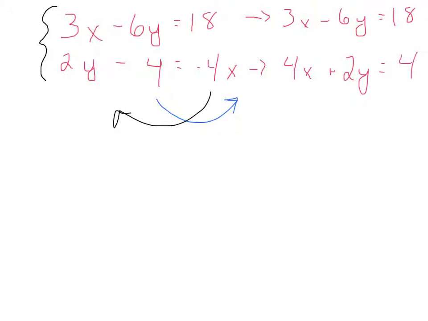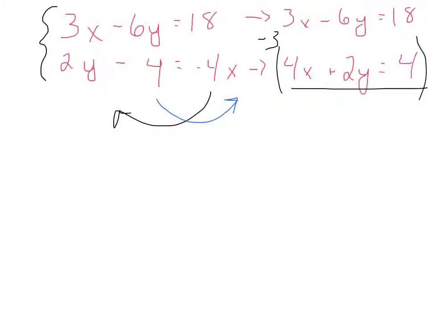So my new system looks like this, and now I like the fact that my x's and y's are all lined up together. My x's don't match, my y's don't match, my numbers don't match. I need to get rid of one of my variables. The simplest thing is to take that bottom equation and multiply it by 3.